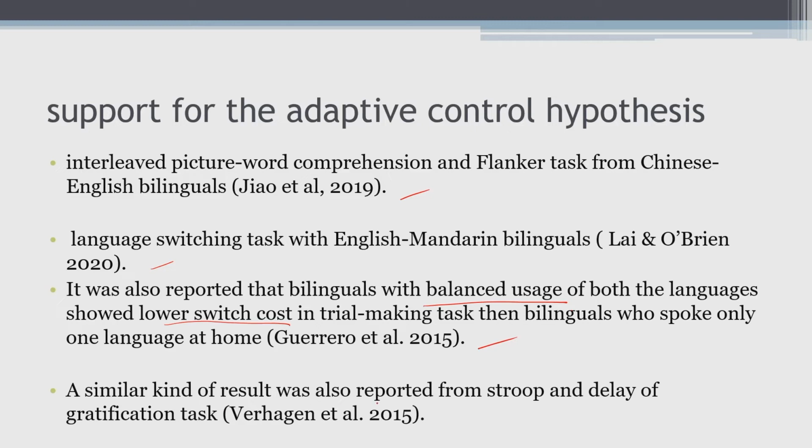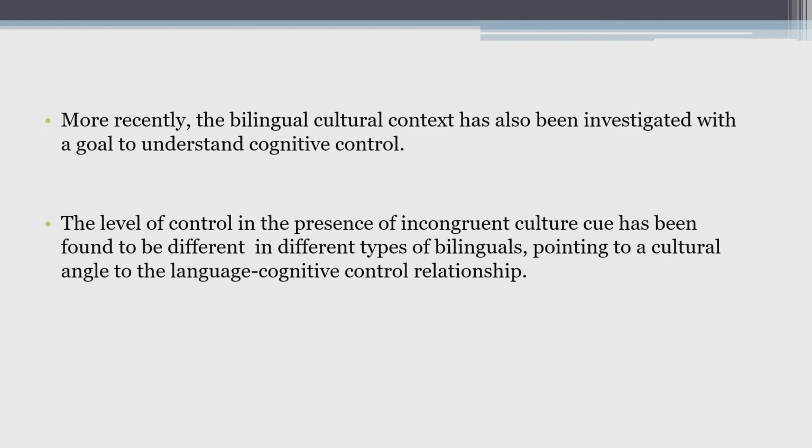A similar kind of result was also reported from Stroop and delay of gratification tasks in yet another group's result. Of course, there are also findings that do not support the adaptive control hypothesis, and as a result there is a relook at the finer aspects of this hypothesis. More recently, bilinguals' cultural context has also been investigated within this paradigm.